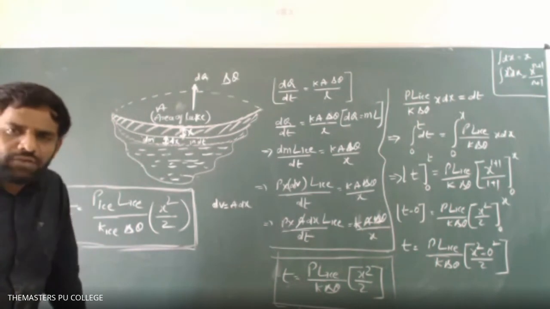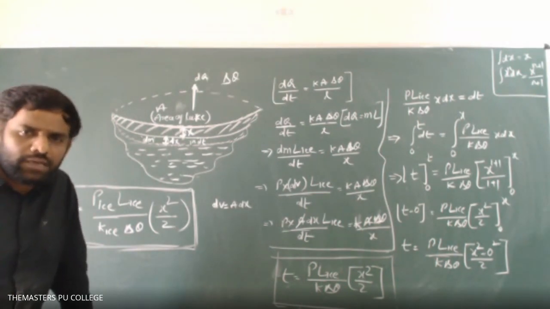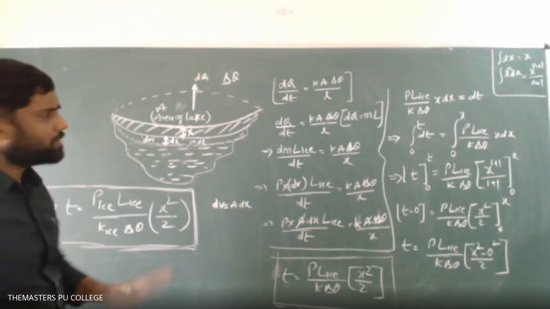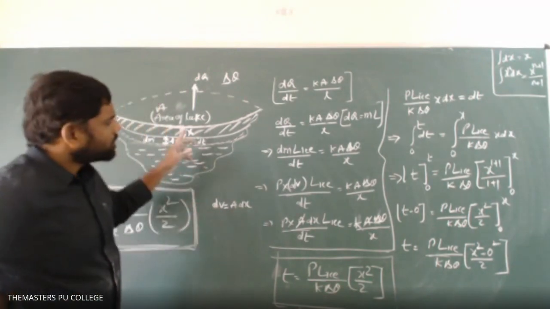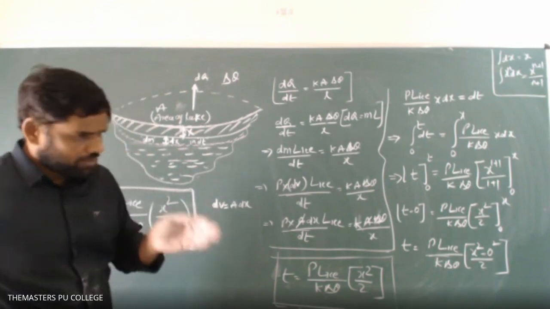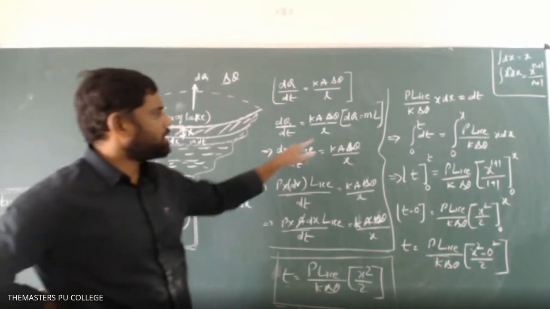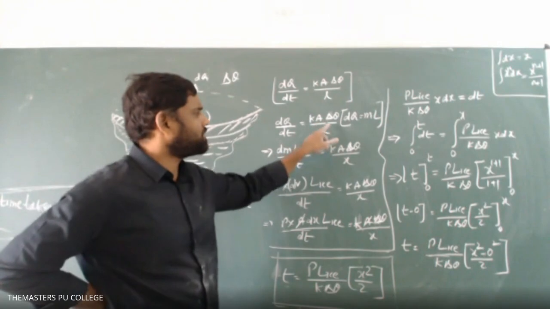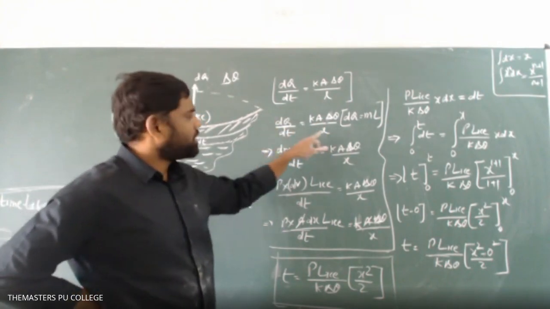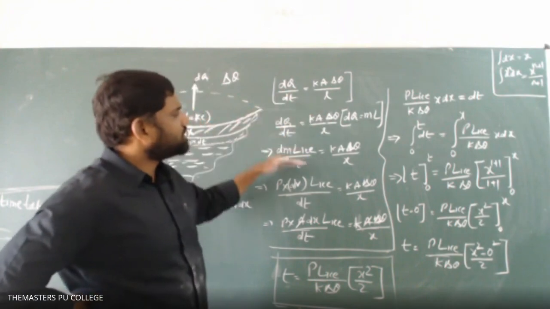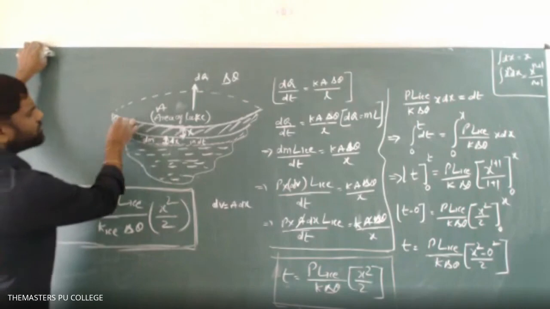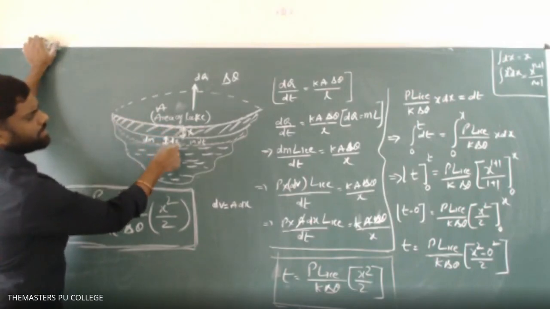Students, any doubts why I have used integration? Observe clearly. Growth of the ice layer is not a uniform process; it is a step-by-step process. When the ice layer is increasing, the rate of heat decreases, so it increases slowly. We have considered different intervals dt.